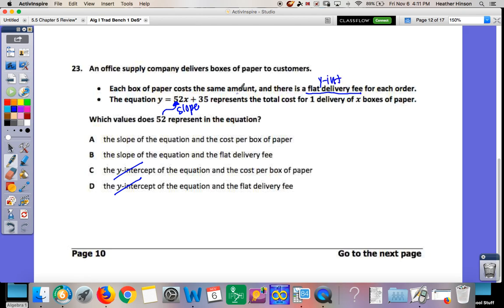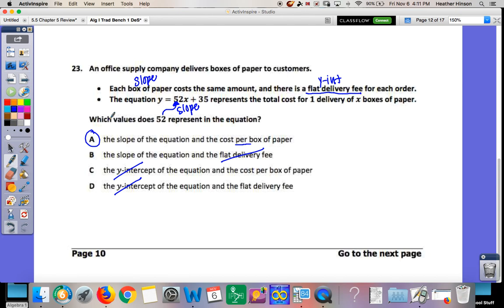Each box of paper costing the same amount, like $52 per box, that's your slope. So your slope is the cost per box, not the delivery fee, because you only get charged that delivery fee one time. Your slope is going to happen over and over again, depending on how many boxes you got.